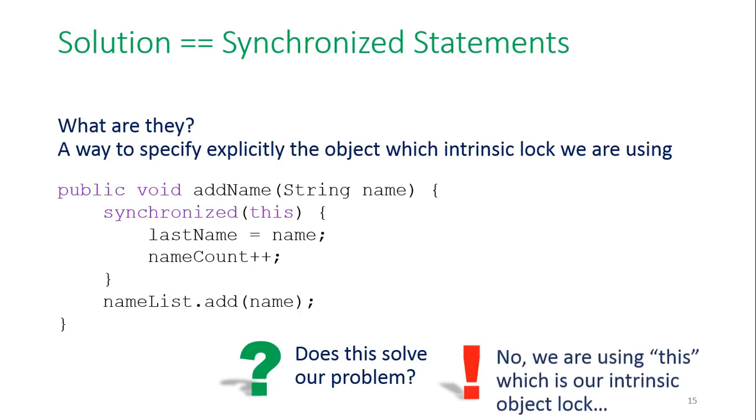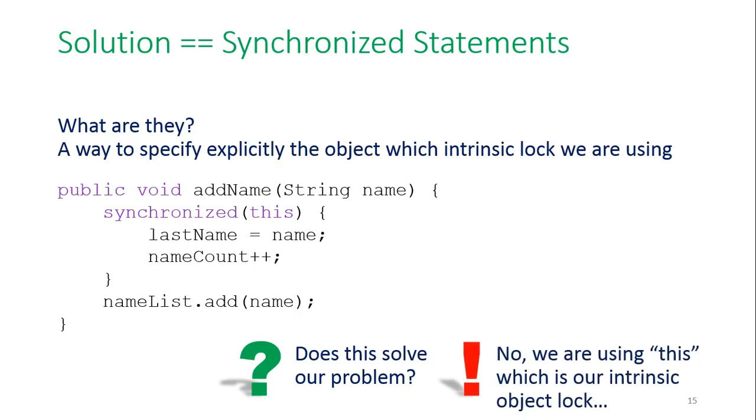Not really. Again, we're using this, which means that we're looking at the object on which a method is being applied, and at its intrinsic lock. This is exactly the same thing as if we had synchronized the whole method. All right, so let's try to do a little better than this.